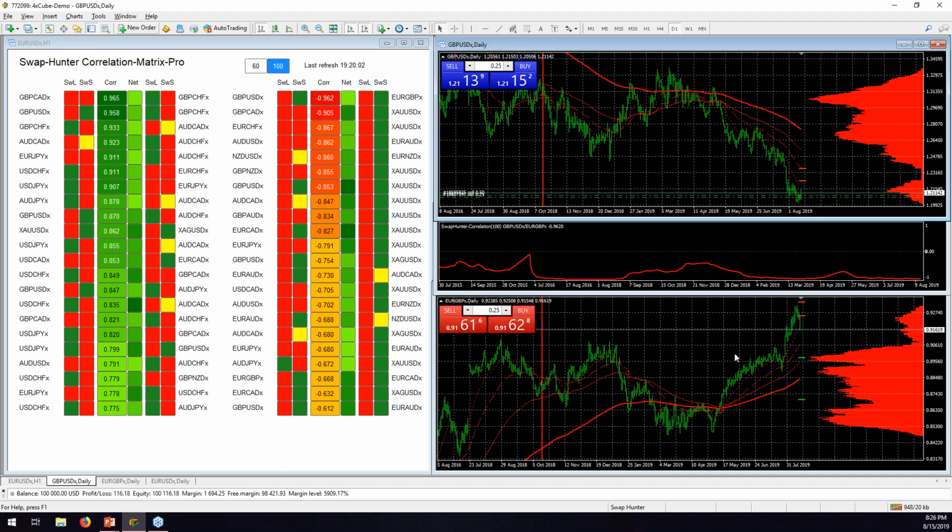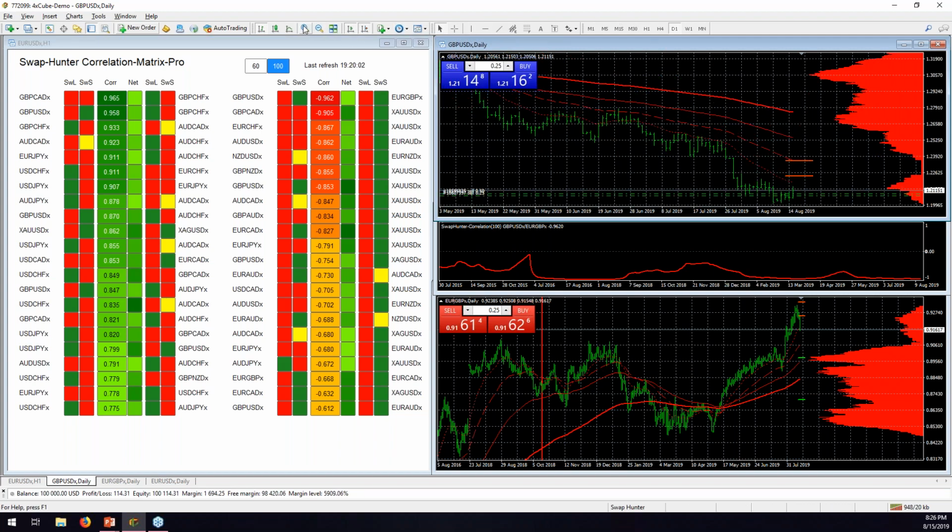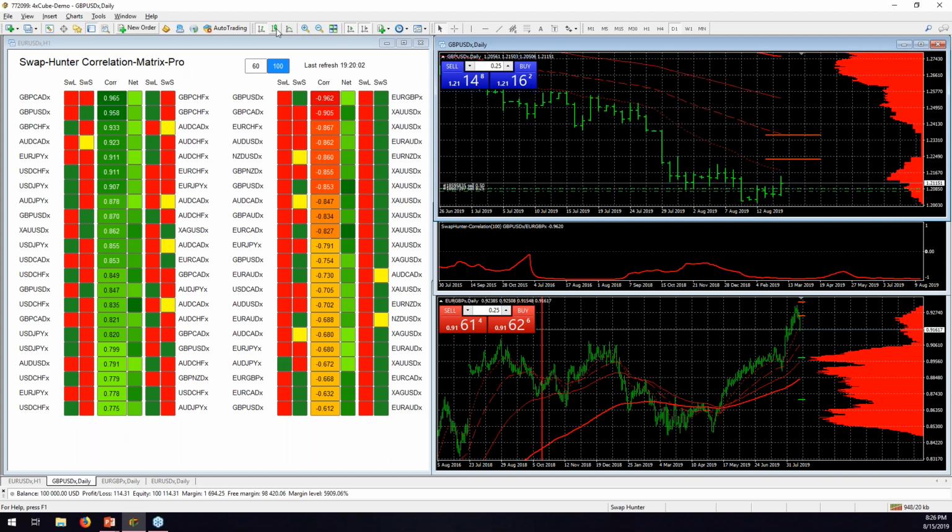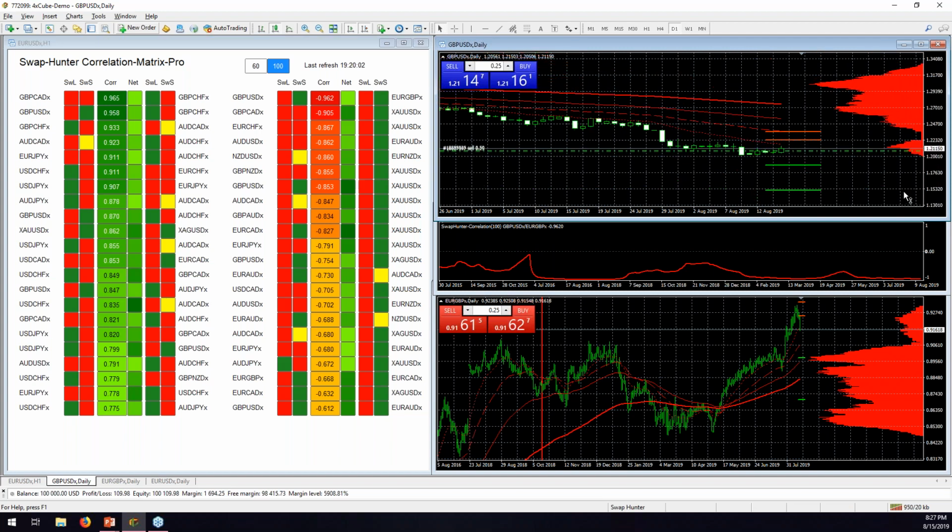Okay, then we have what we've labeled the Swap Hunter Pro level. So the Pro level, you can see here these red lines, which very much display resistance. It matches up with your EMAs here, and this gives you an idea of where to enter, where to exit your trades.